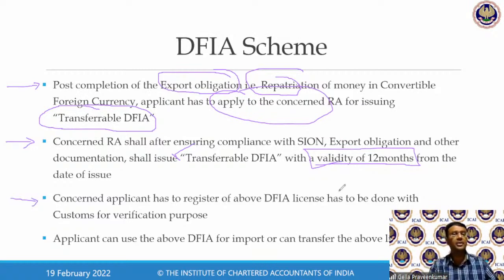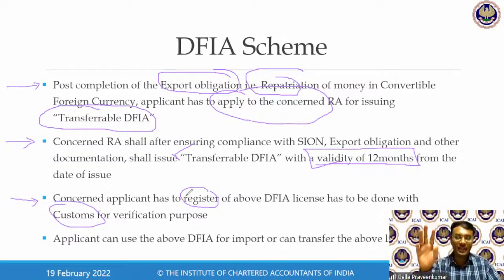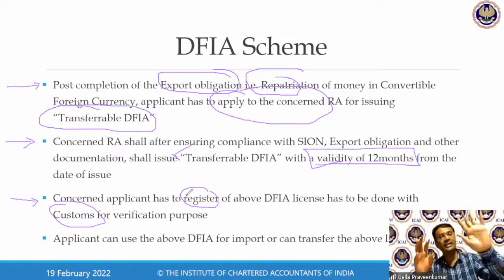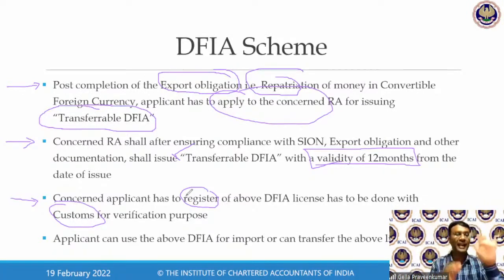So this applicant, what he will do, he will register this DFIA with the customs authorities. Now, what do you mean by registration? It is just a formality. Like, I go to the customs authorities and say, my IEC number is so-and-so. For me, this regional authority has given this value of DFIA. So the customs authorities are going to validate.